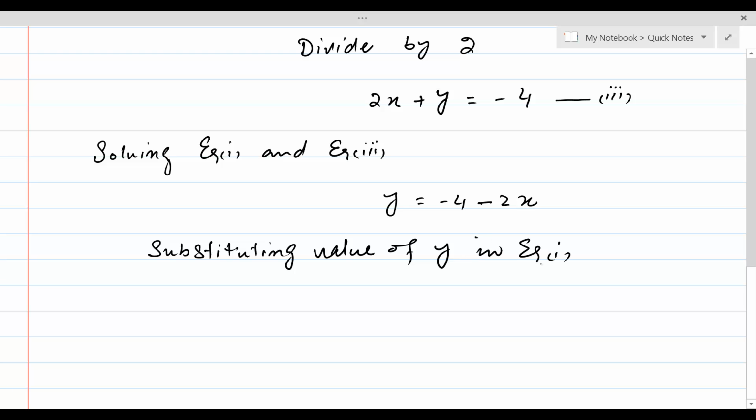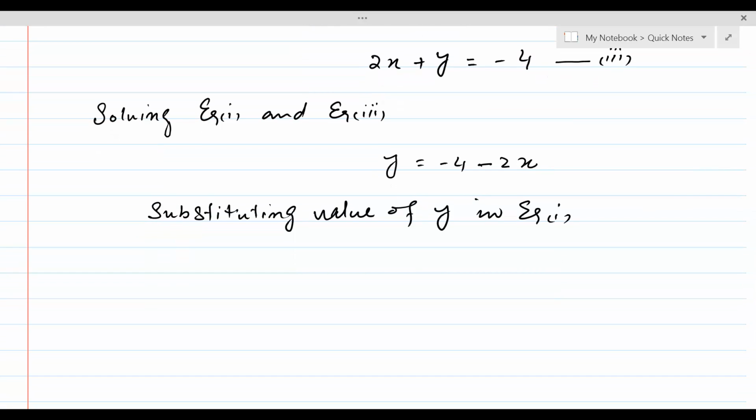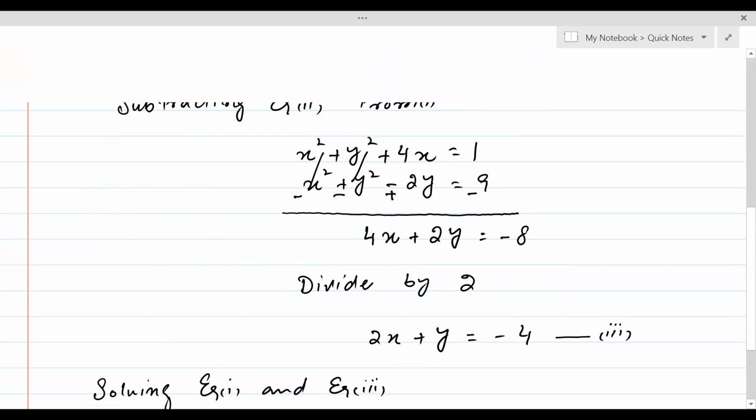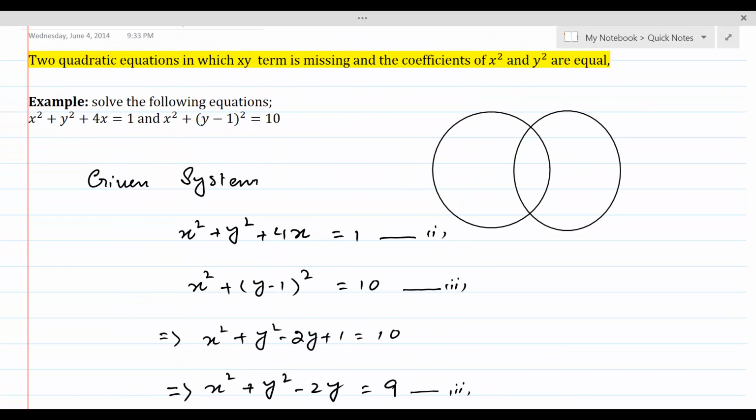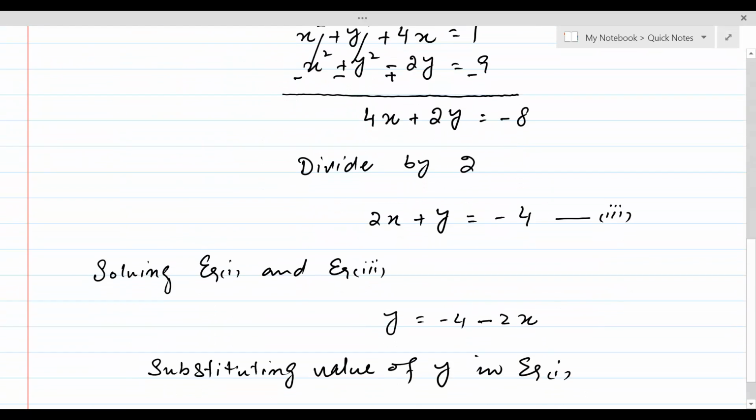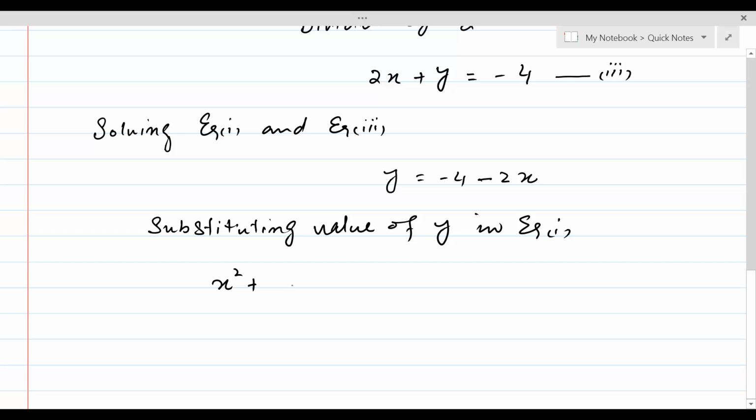And what was equation 1? x square plus y square plus 4x equal to 1. That gives us x square plus minus 4 minus 2x whole square plus 4x equal to 1.